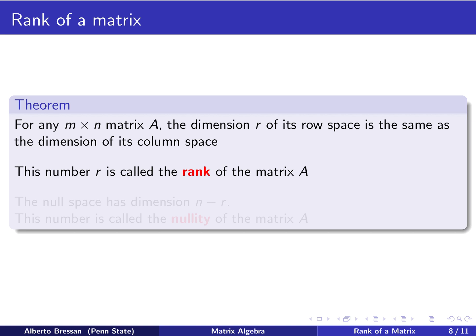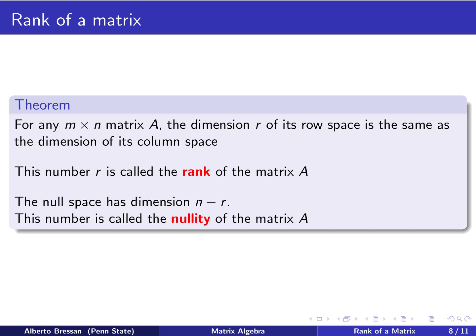And therefore this r is a very special number for the matrix A, and we call this r the rank of the matrix A. So r comes from the first letter of rank. And then we also know that the null space will have dimension n minus r.